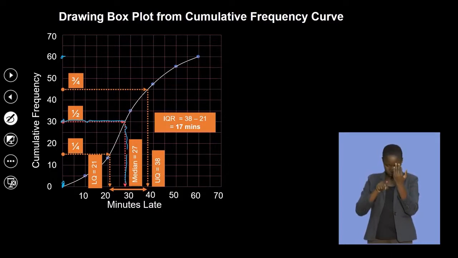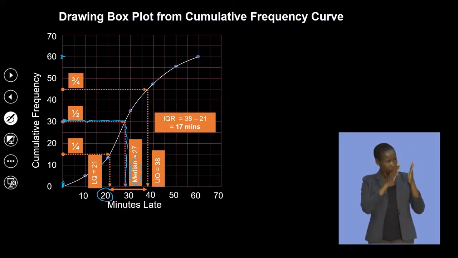What do we get? We get a number which is 27. Can you see that? So the median is 27. From there to there is 60, the halfway is 30. Then I go down, I read that number, and that number is 27.